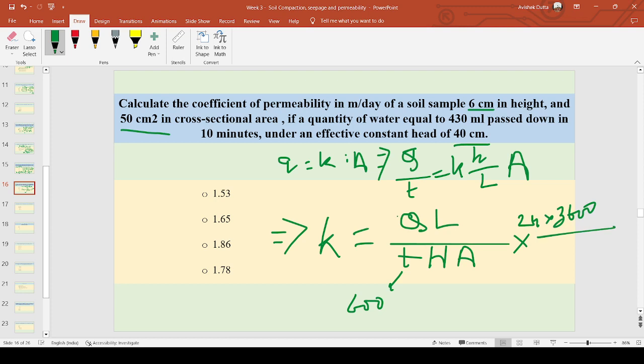Again, Q you are finding out in 430 cc, length is in centimeter, head difference is in centimeter, area is in cm square. To convert this entire thing into meter, you have to divide by 100. You do this and tell me the answer.